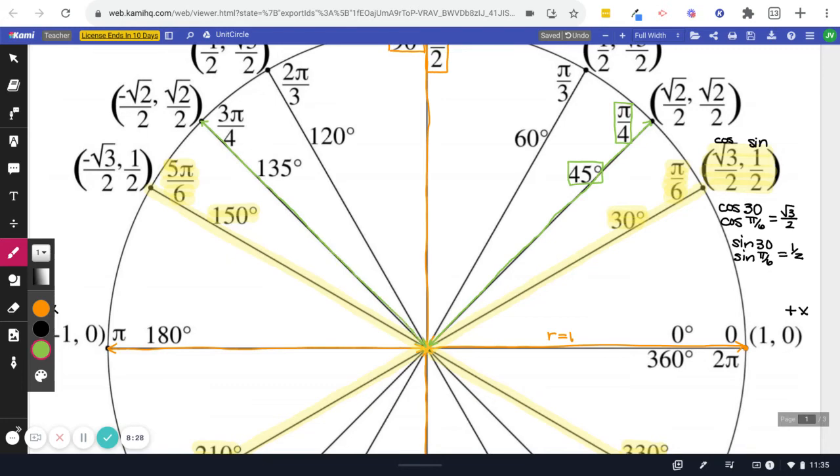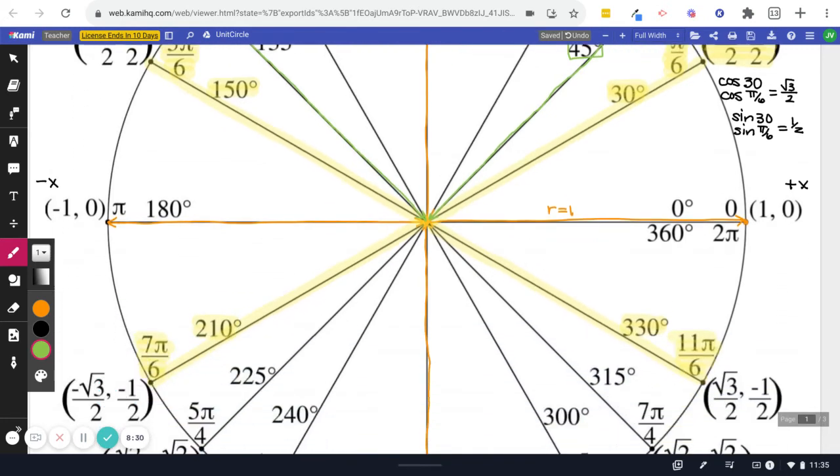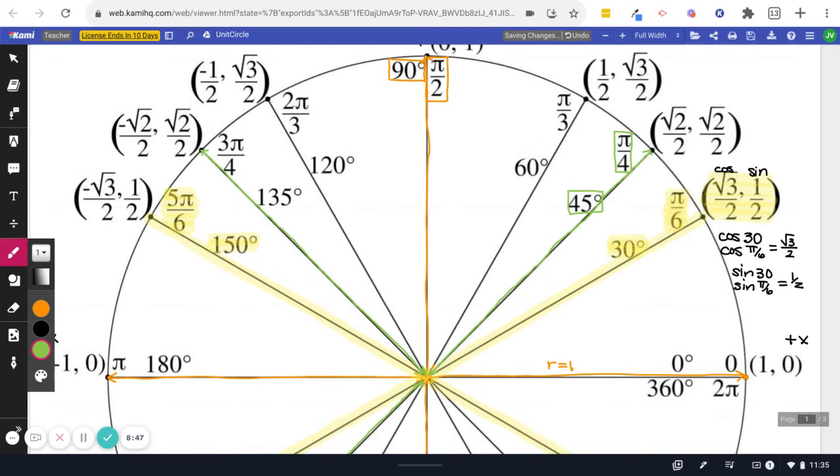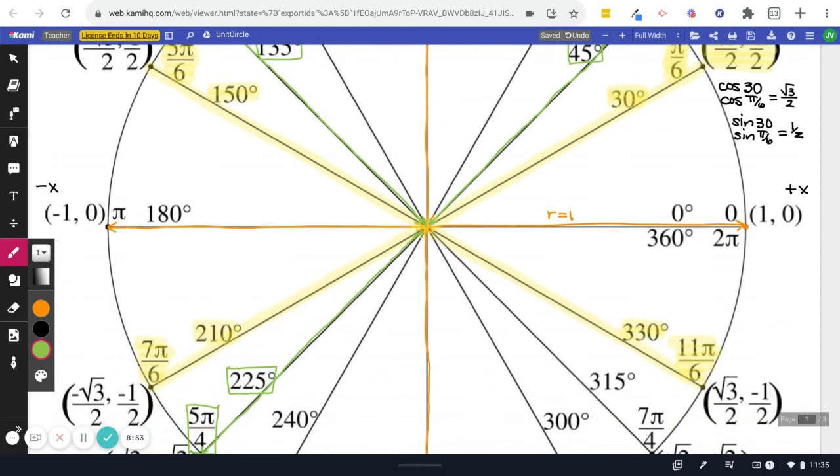Just a matter of what's positive and what's negative. Zooming down here, 225, 5 pi over 4. Similar ordered pairs as what we saw up here, root 2 over 2. Just a matter of being in a different quadrant, so the negatives change.